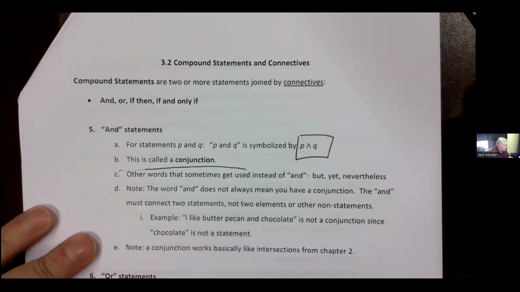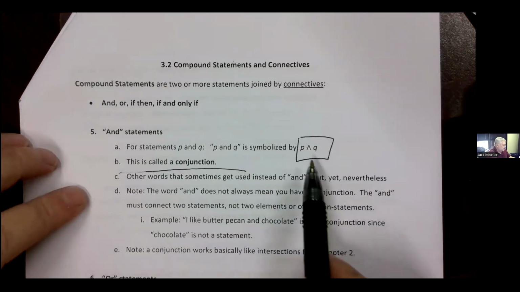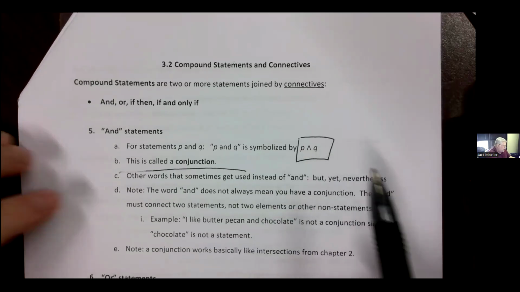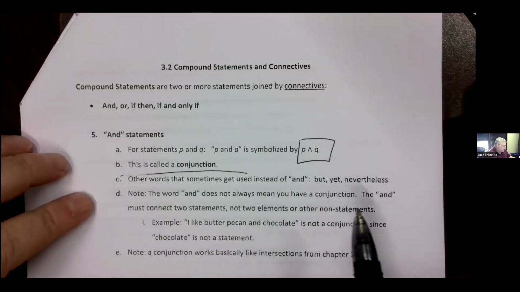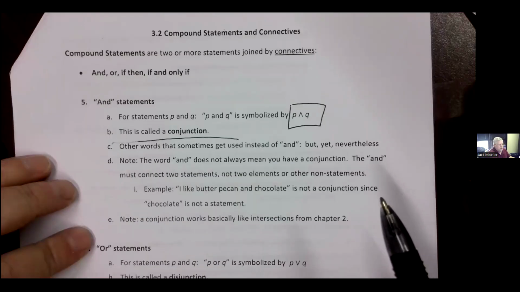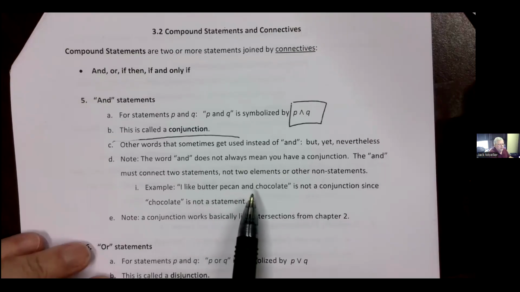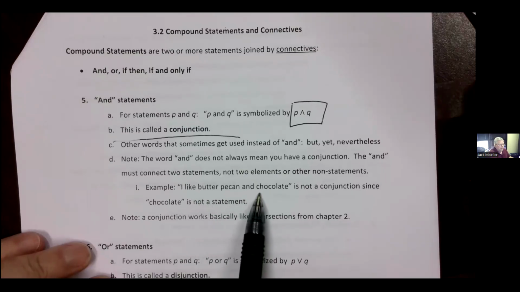So for and statements, it's an up arrow, and it works just like you think it means. If we're connecting two statements, like "I like peanut butter and chocolate," you have to be careful.